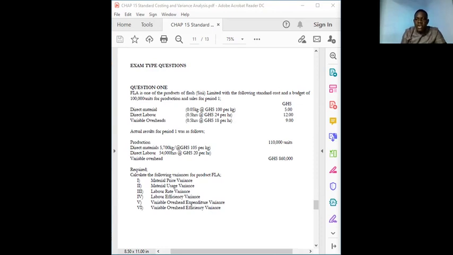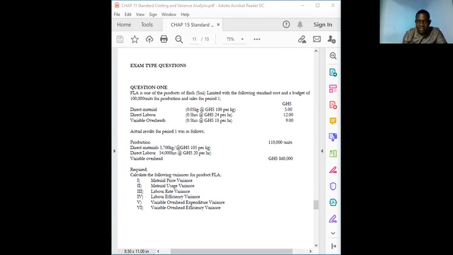And we know that for material price variance, the formula is actual price minus standard price measured at actual quantity. So the actual price minus the standard price measured at the actual quantity.